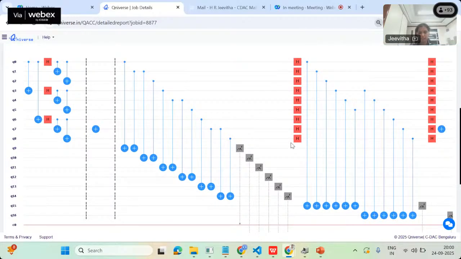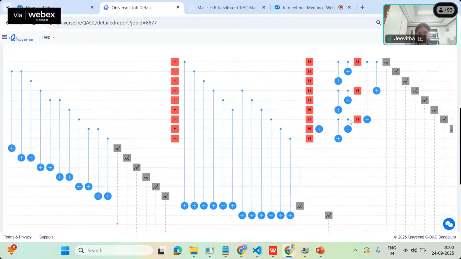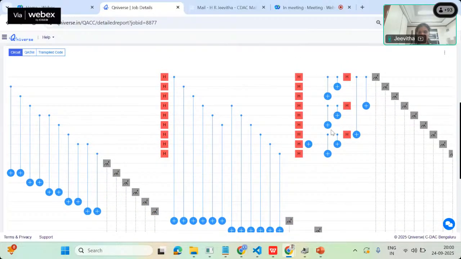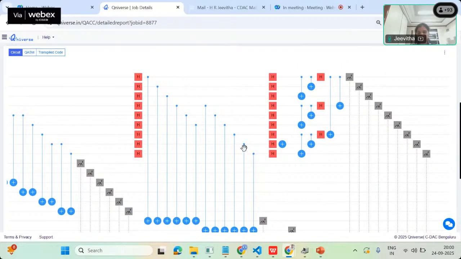If I can minimize it, yeah. As I've shown you, this is the syndrome measurement as I've explained in the slide for the bit flip, and this is for the phase flip. This is the decoding part, and this is the measurement part.